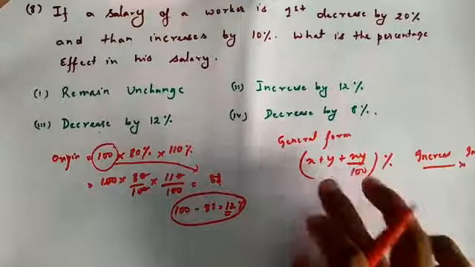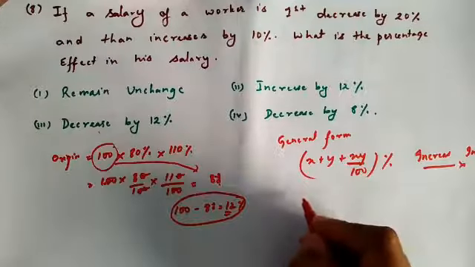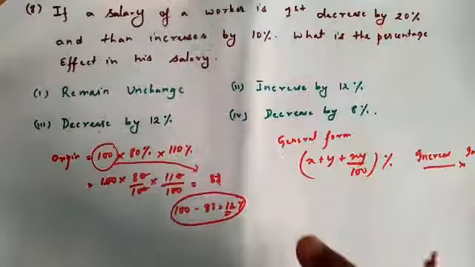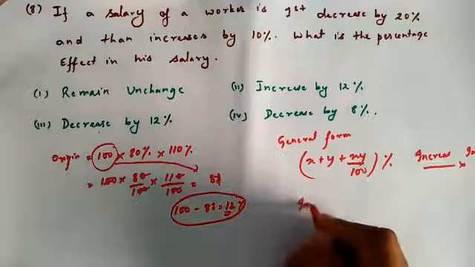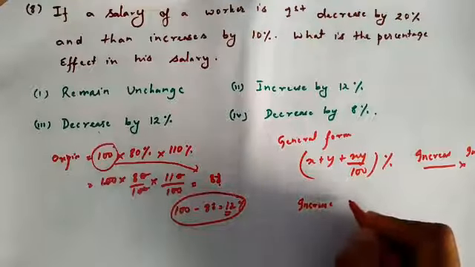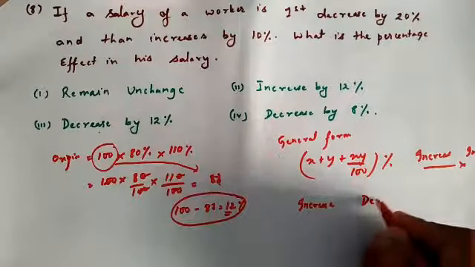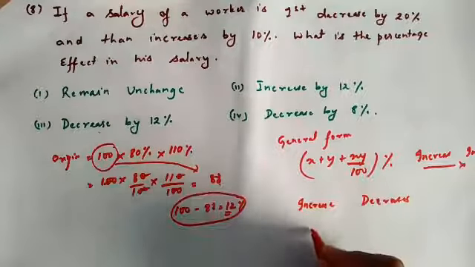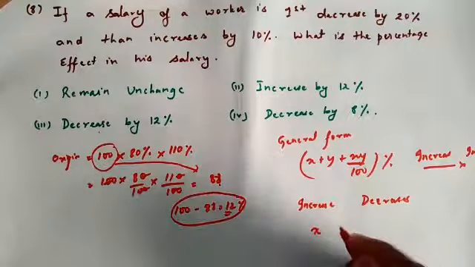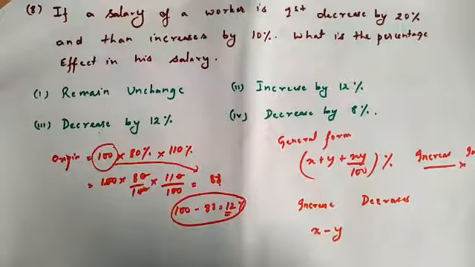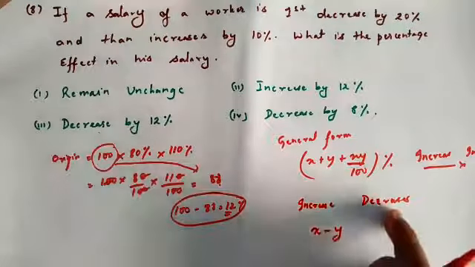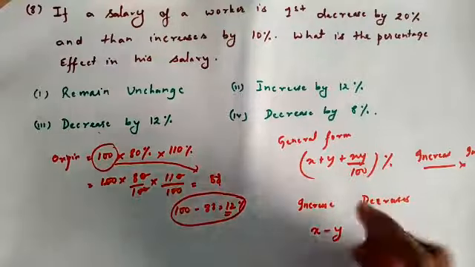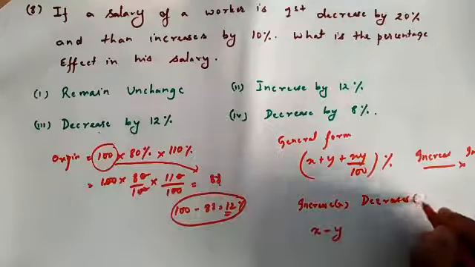Now if a person's salary is first increased, and then again it decreases. Increase means plus, decrease means minus. So first increase by x percent and decrease by y percent.